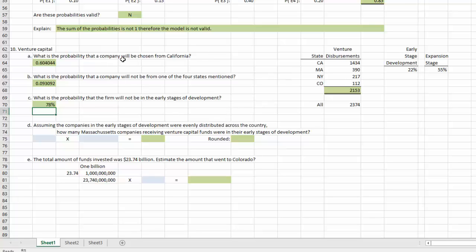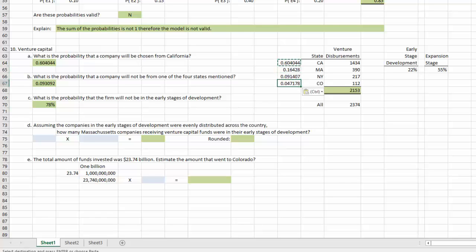I want to go ahead and demonstrate these numbers a little bit more carefully so we can actually validate these numbers. If I look at the percentage of population for each one of these, California, Massachusetts, New York, Colorado, and then all, we want to know what each one is as a percentage. So if I say equals California divided by the total population, or capital N, I'll go ahead and lock this because I'm going to copy this down.